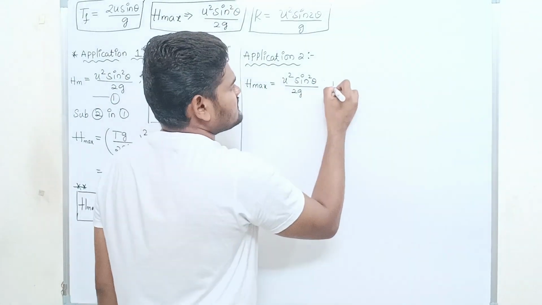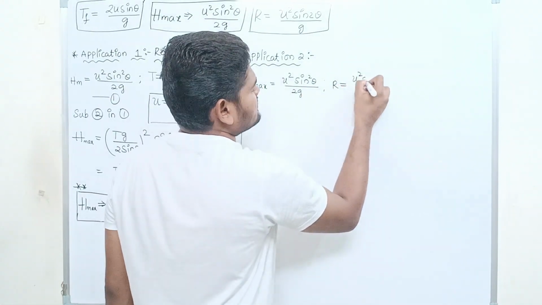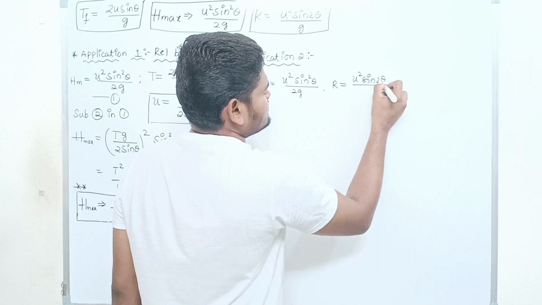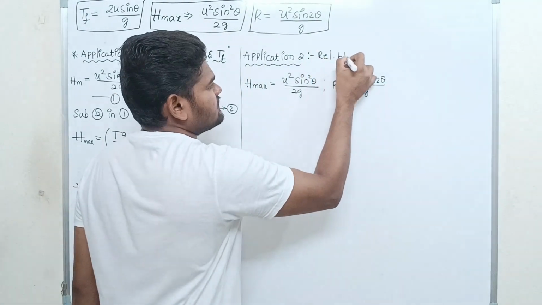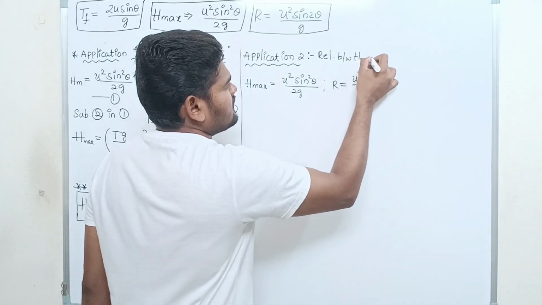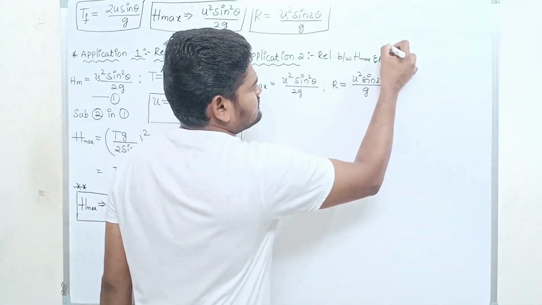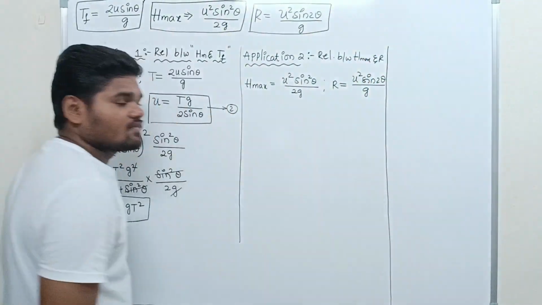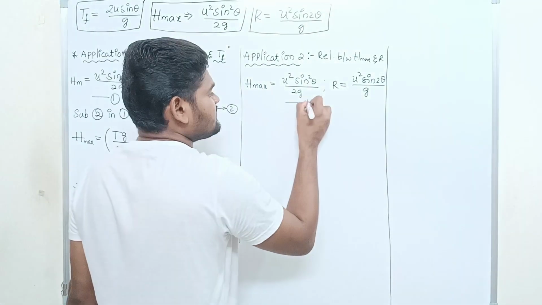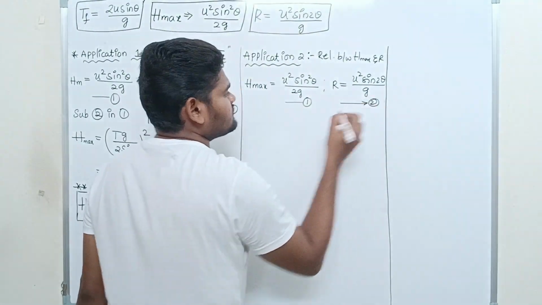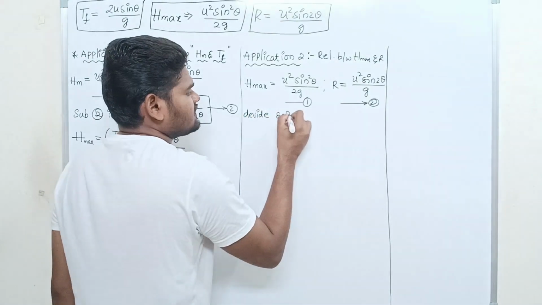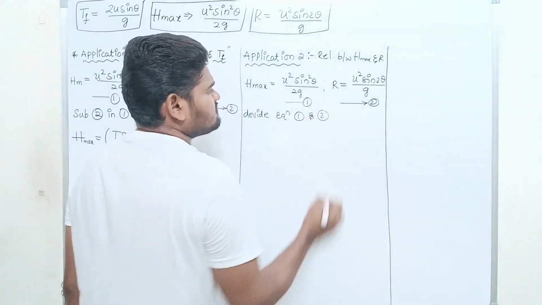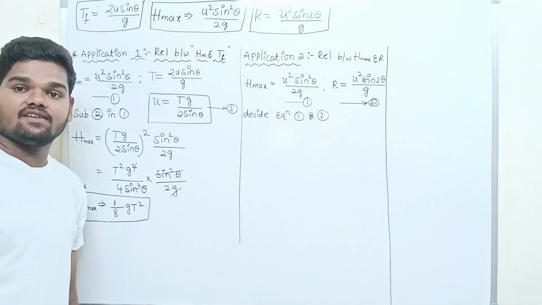Range r is equal to u square sin 2 theta by g. So let us say this is equation number 1 and this is equation number 2. I'm just going to divide equation 1 by equation 2.